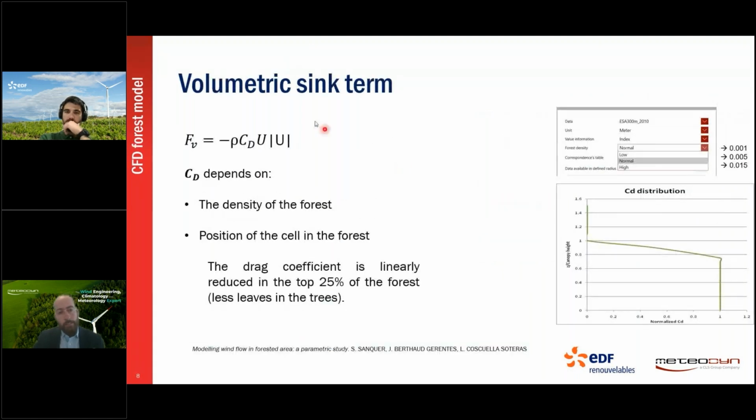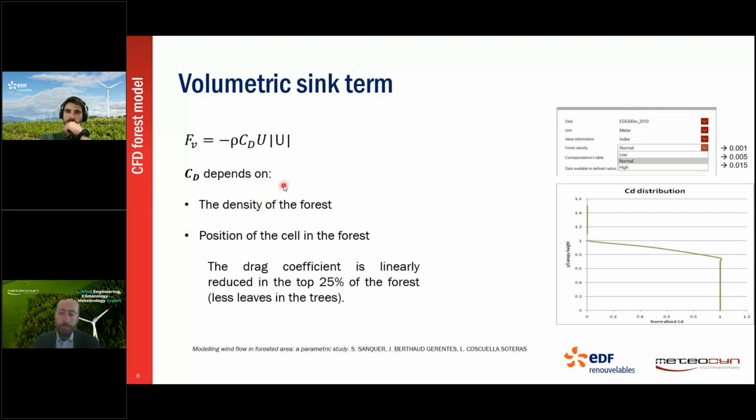So now we can talk about this drag force term. You see here, this force depends on the air density, the mean speed, and also on this CD parameter. And this CD parameter is very interesting because it depends on the density of the forest. So we call it density of the forest. Actually, this is an internal property of the forest, like the type of the trees, the real density of the trees inside of the forest.